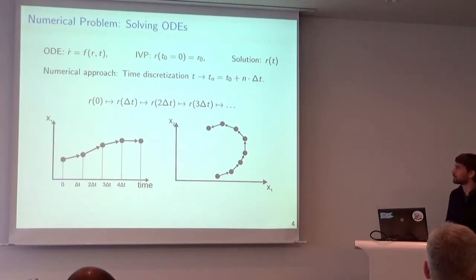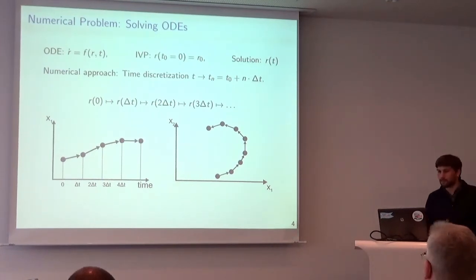The way this works is you introduce a time discretization. You go from continuous time to discrete time, from time point 0 to time point 1 to time point 2 and so on. So you iterate forward in time, and you have some numerical approximation that, given the current state, approximates the next state with a discrete time step.